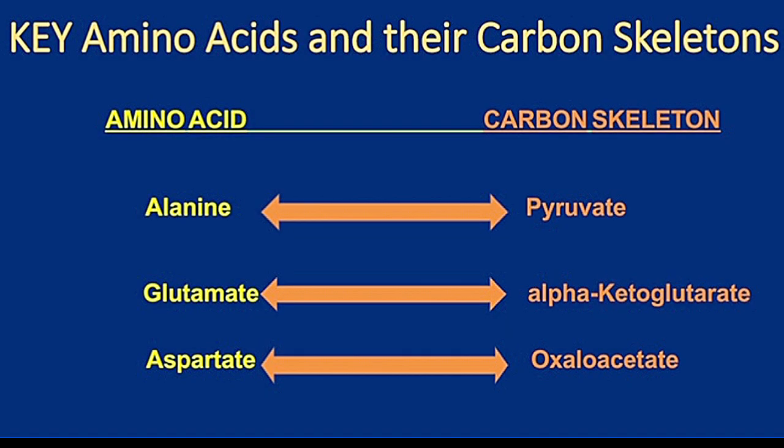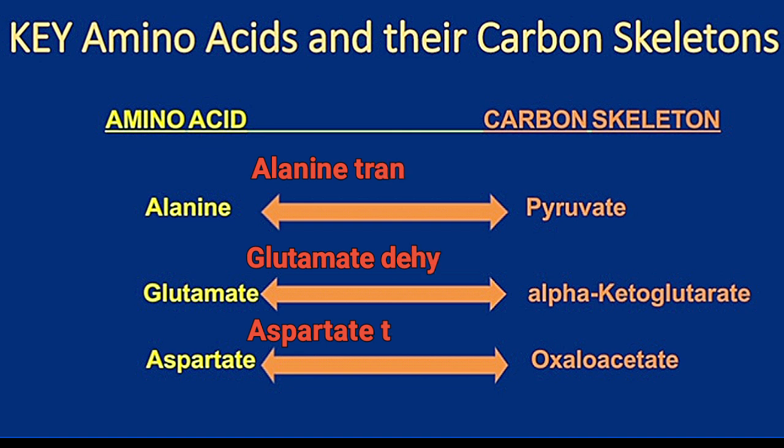The third amino acid is aspartate, and the carbon skeleton it produces when it is metabolized is oxaloacetate. It can also be made from oxaloacetate with glutamate as the donor of the amine group in the AST reaction. There are 2 noteworthy points to make about these 3 amino acids and the ALT, AST, and glutamate dehydrogenase reactions.